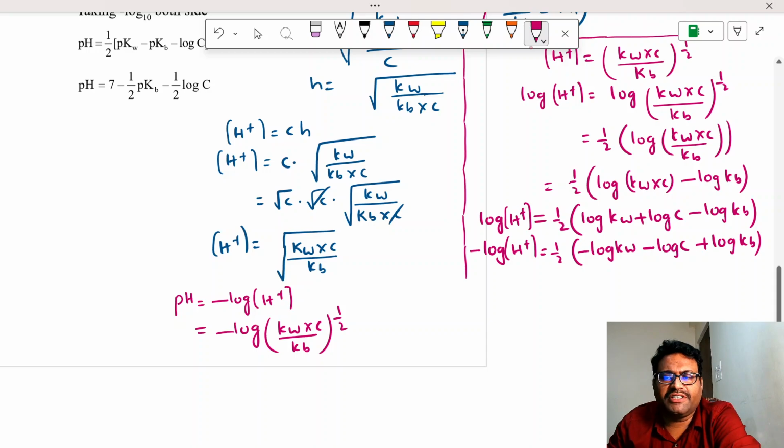So minus log H plus ion concentration is equal to pH. pH is equal to half, minus log Kw is equal to pKw, plus log Kb is equal to minus pKb, minus log C, right?